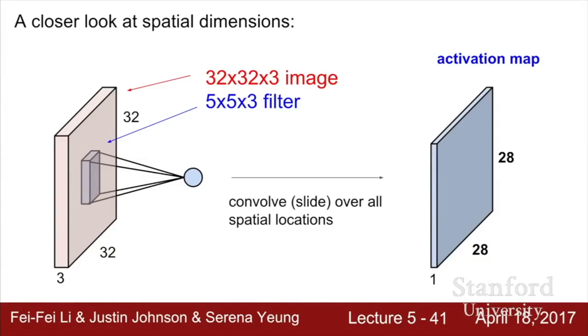Remember, each filter does a dot product through the entire depth of your input volume, but that's going to produce one number. So each filter is producing a 1 by 7 by 7 activation map output in this case, and so the depth is going to be the number of filters that we have.